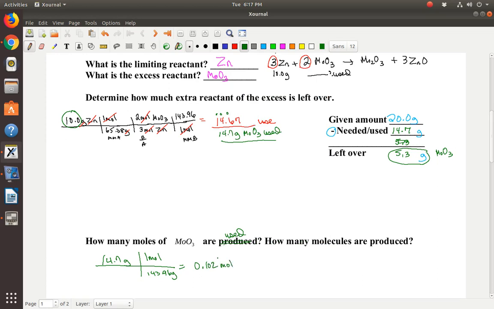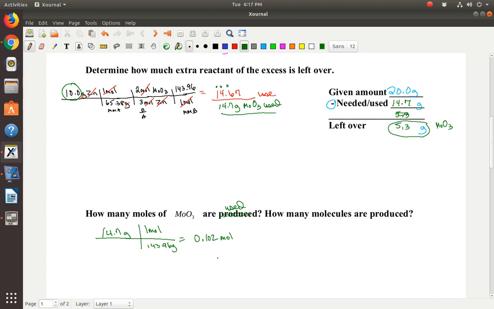Now, I did this calculation using this number right at the top that we already used, but if you really want to make sure you don't round too often, you should start with the limiting reactant. Most of the time you're going to start with the limiting reactant and go to what we needed. So again, we turn the mass into moles and then just do the ratio.